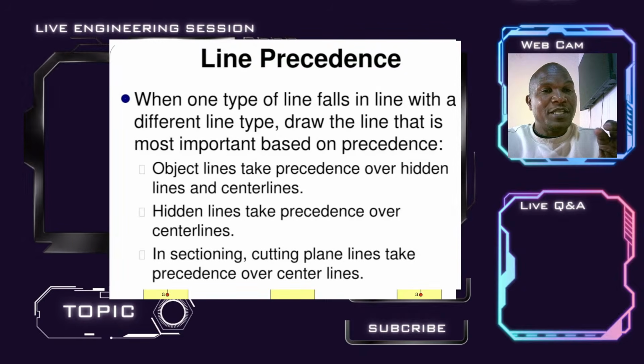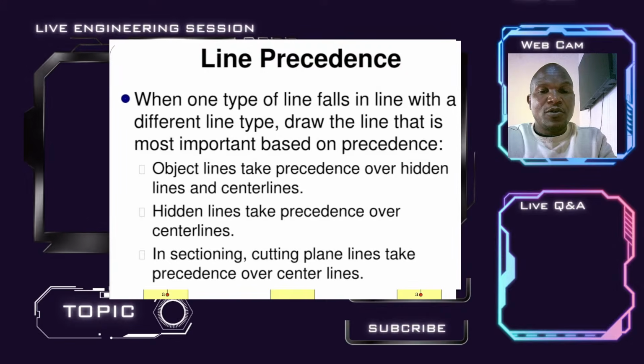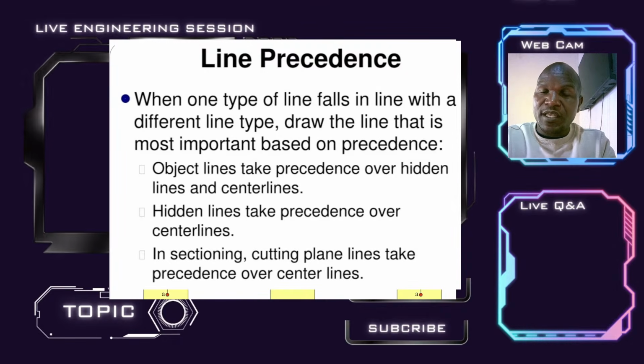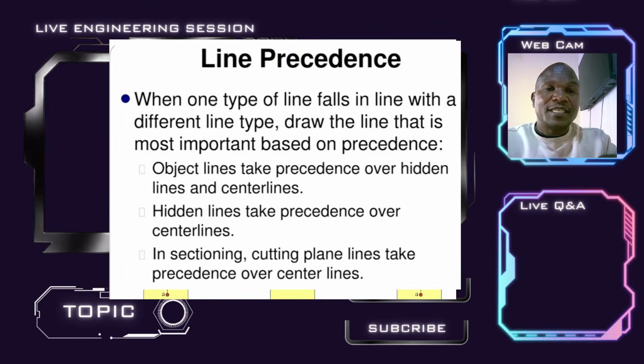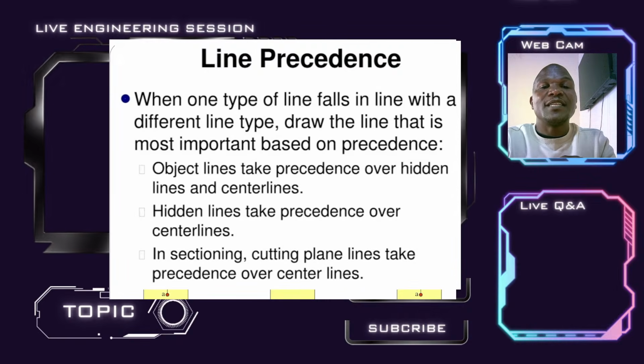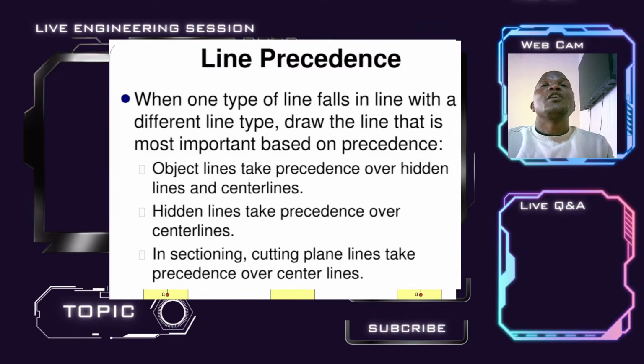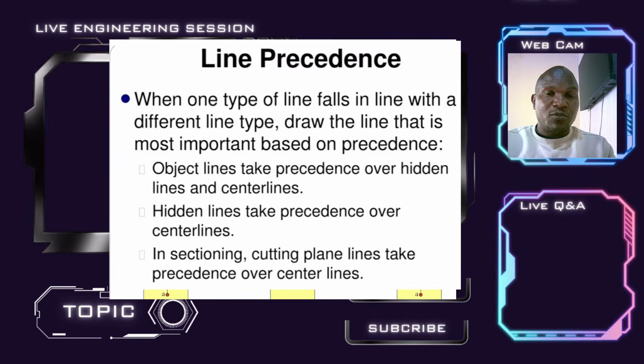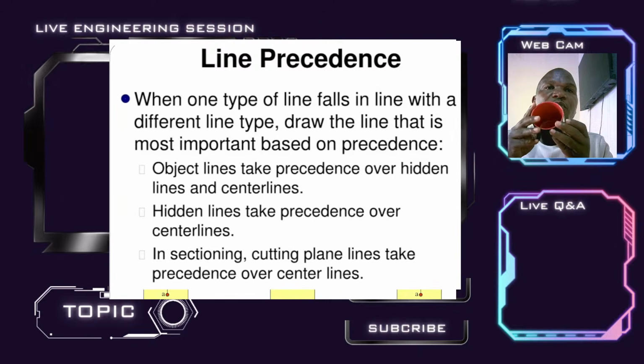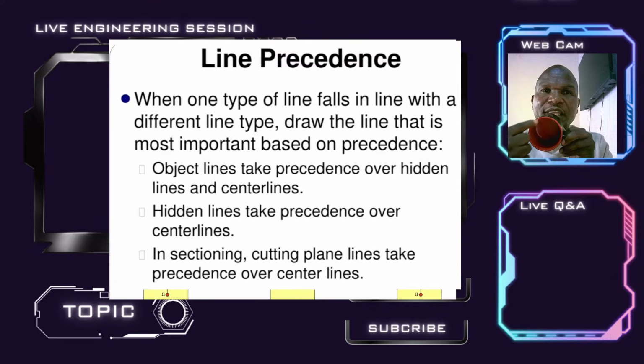Now, let's wait. We are talking about three lines here now. The visible line, the object line, which is for example the visible edges. I'm calling them object lines. They take precedence over hidden lines, and hidden lines take precedence over center lines. So if you had a center hole, for example, this kind of curve, I would just use it to illustrate, and it's coinciding with another edge on top of it.